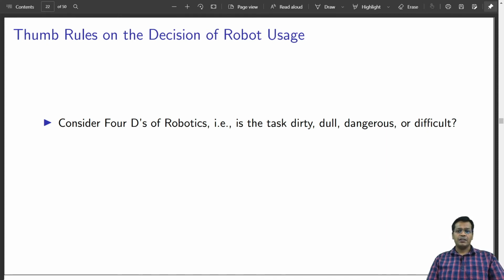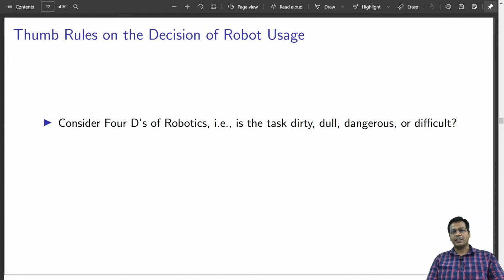Dull, dangerous or difficult. A task which is very dull, a monotonous task where you have to keep on doing the same stuff the whole day, you may think of using a robot to do. You can think of a robot going into a place which is inaccessible.